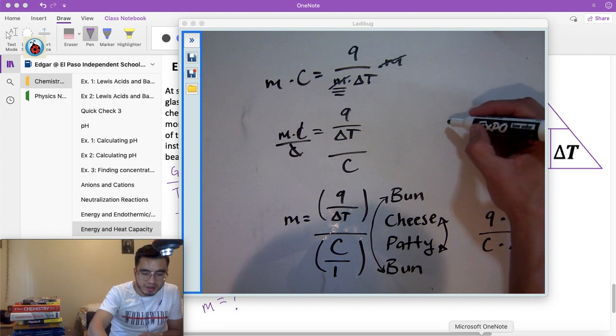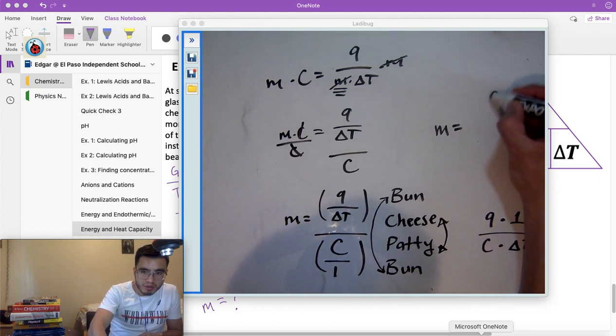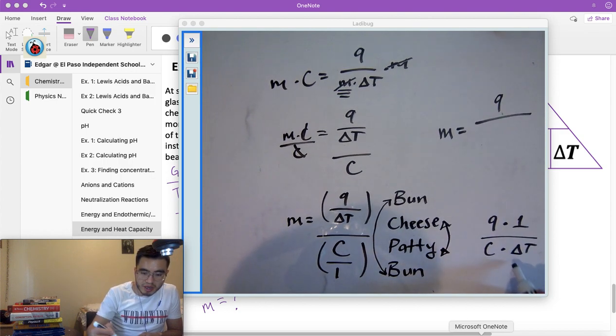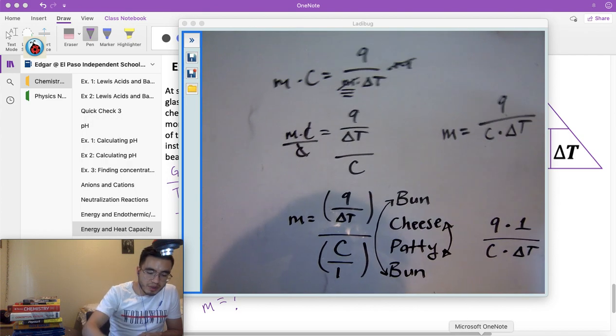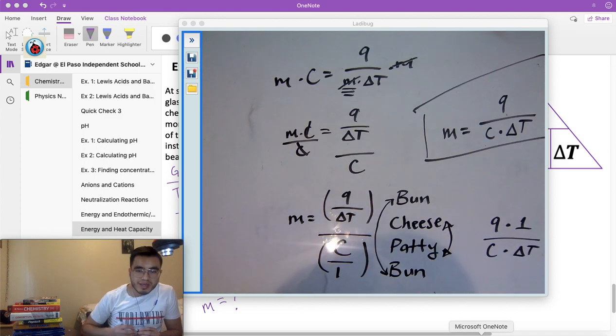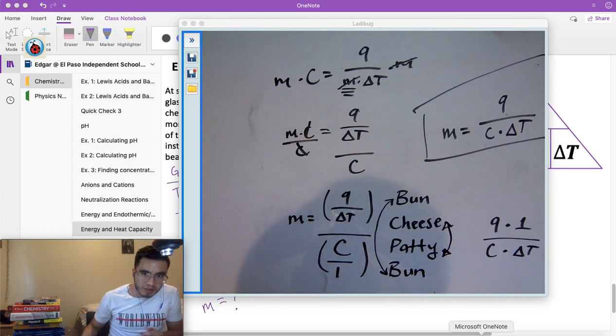So mass would be Q divided by C times delta T. That's the equation for mass. This is the algebra way. Okay? So don't forget about this equation. Write it down. Mass equals heat divided by heat capacity times delta T. Okay?